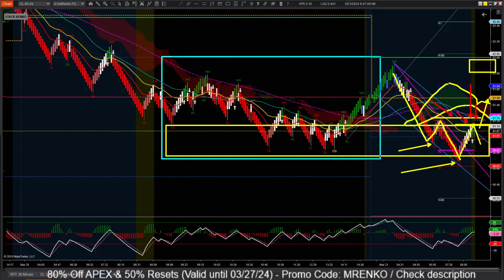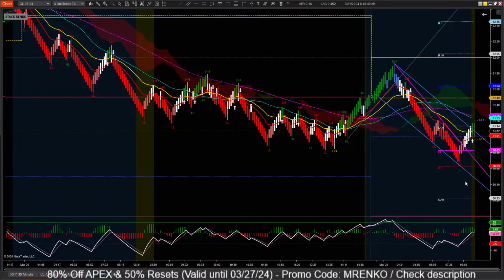Remember, the range for me is about this big. And we are in the lower side of the range. Now, it could start breaking right now and keep moving up. But that is not a setup I follow.